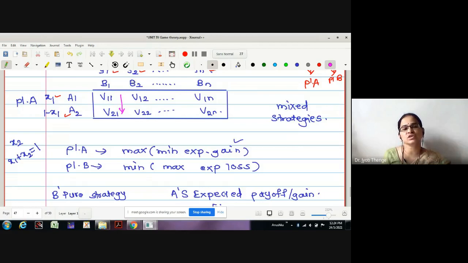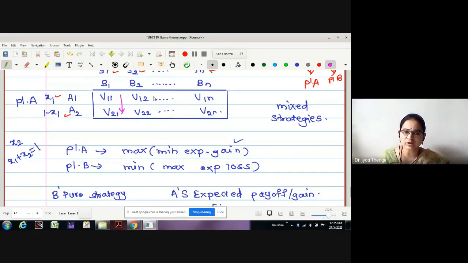If B chooses to play B1 only, then A will play both the activities with the probabilities x1 and 1 minus x1. Then this pair of entries will give us the expected gain. What is the pair of entries? V11 into the corresponding probability, and V21 into its corresponding probability, will be player A's expected gain if B chooses to play the first activity B1.